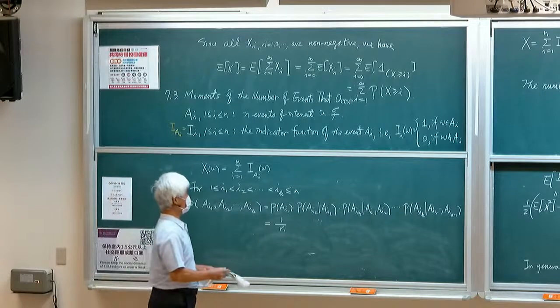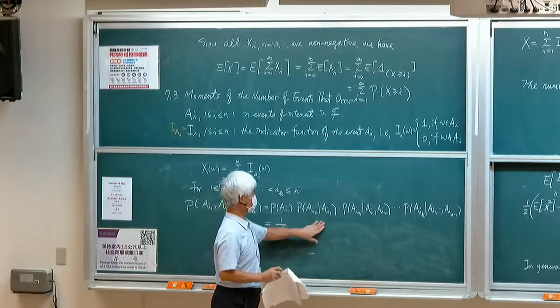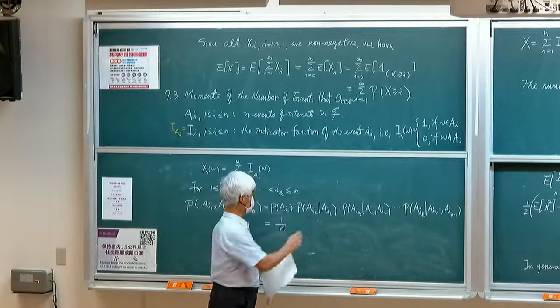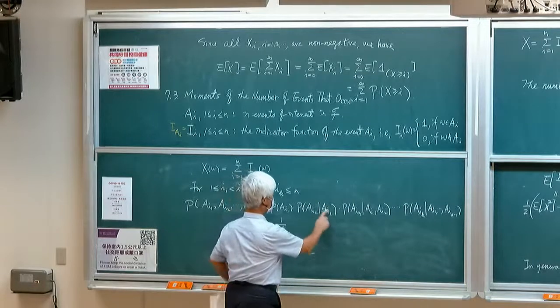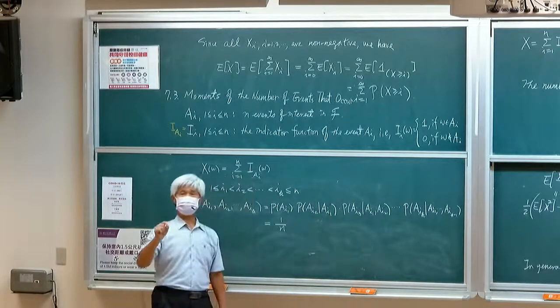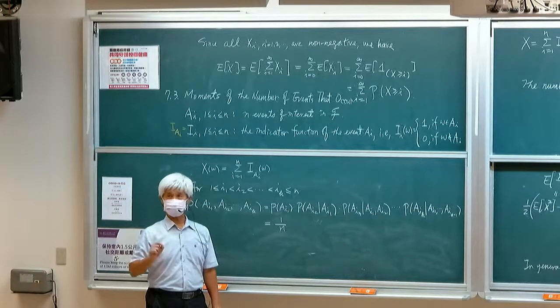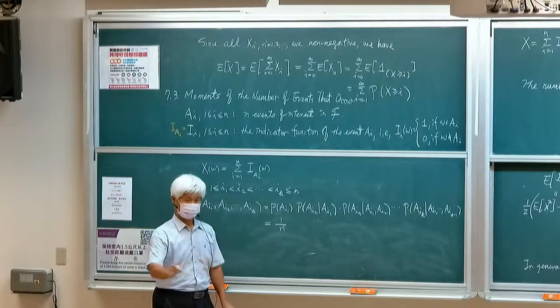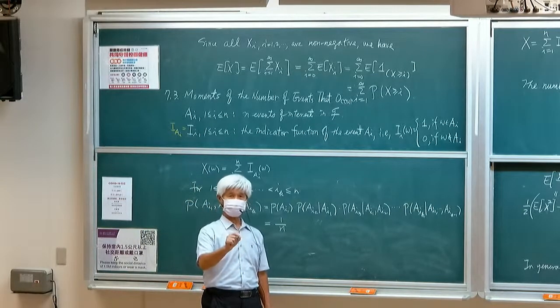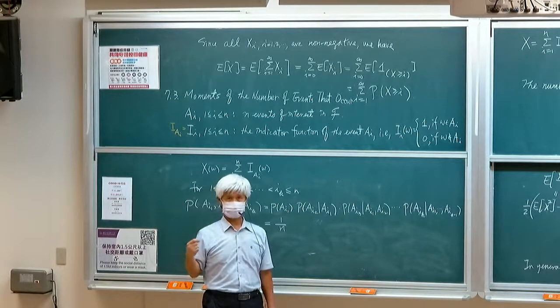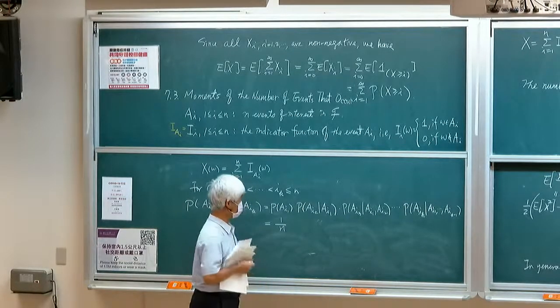Now, how about this one? This one is conditioned on A_i1. A_i1 means that the i sub 1 person has a match, so a head has been selected by the right person.